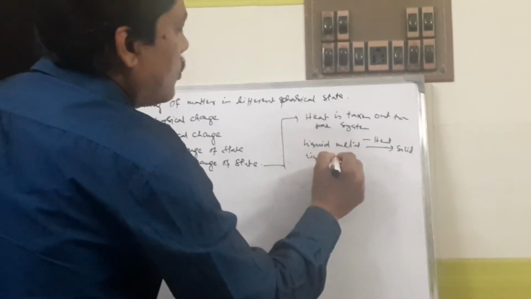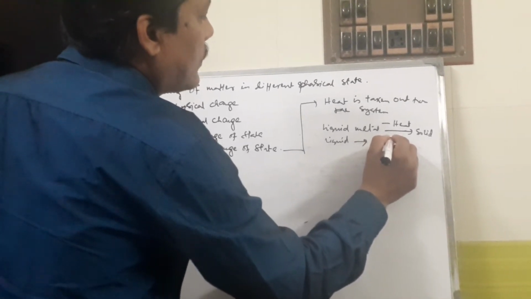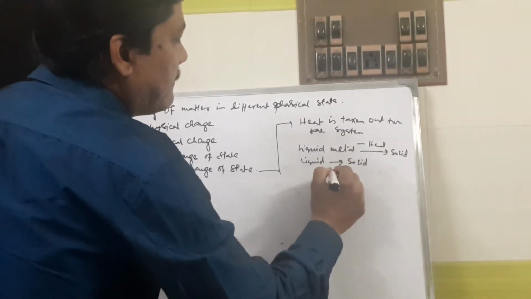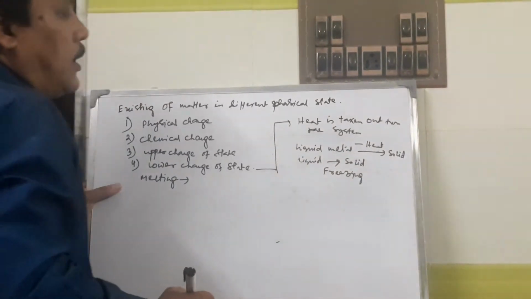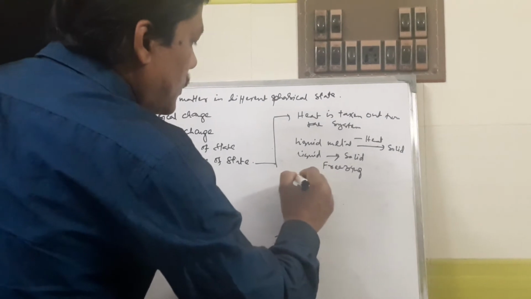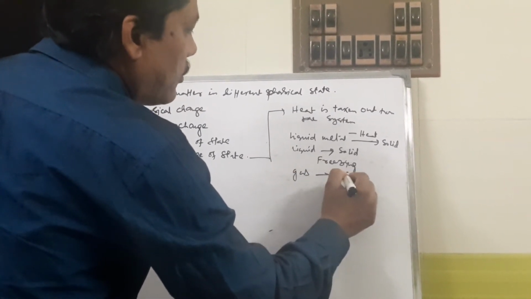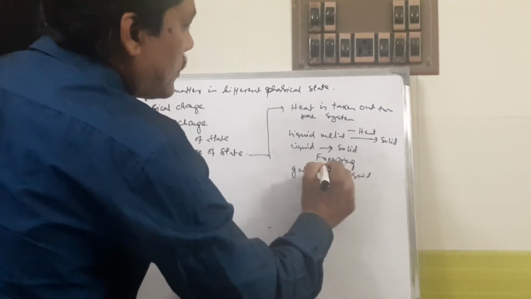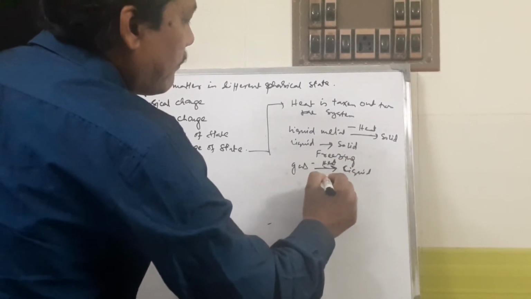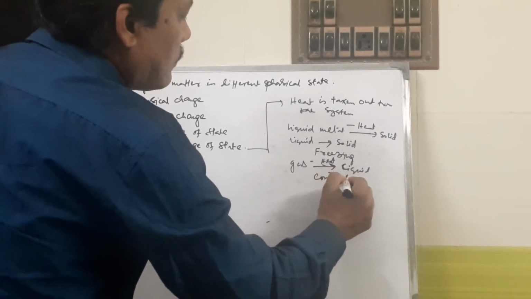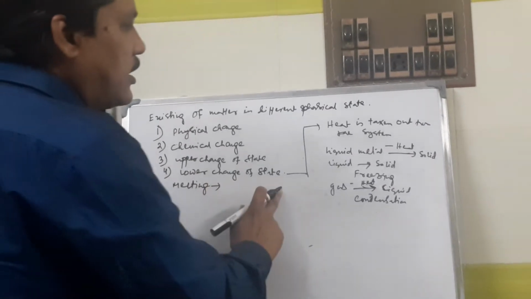Liquid to solid is known as freezing. From gas to liquid by subtraction of heat, that is known as condensation. This is also lower change of state.